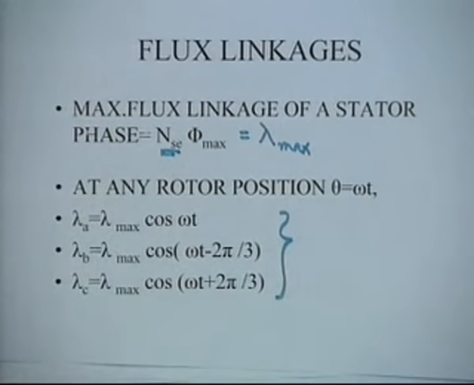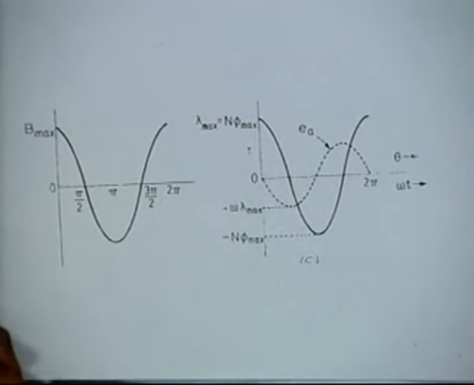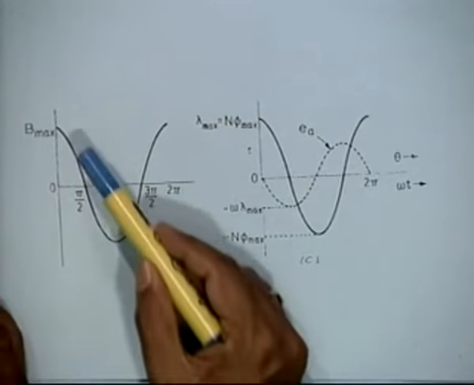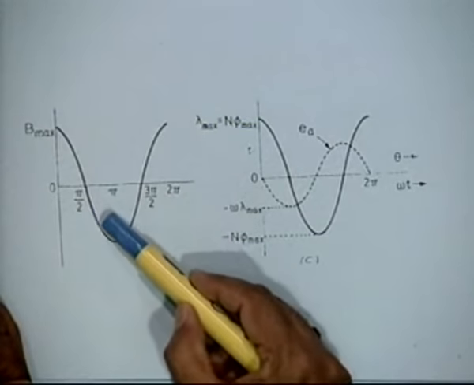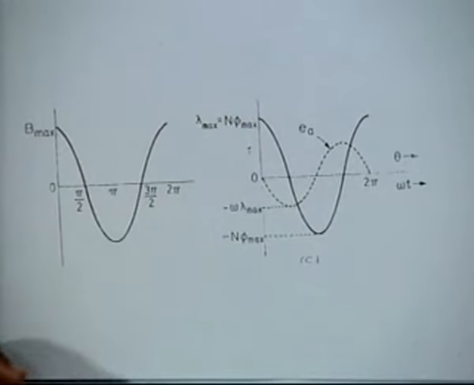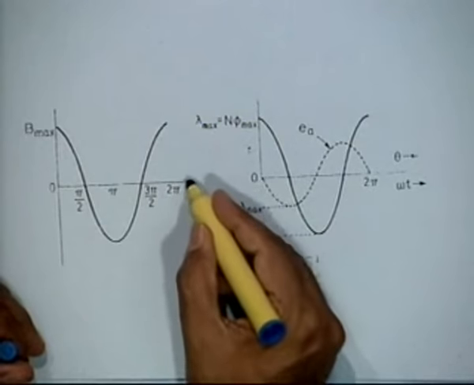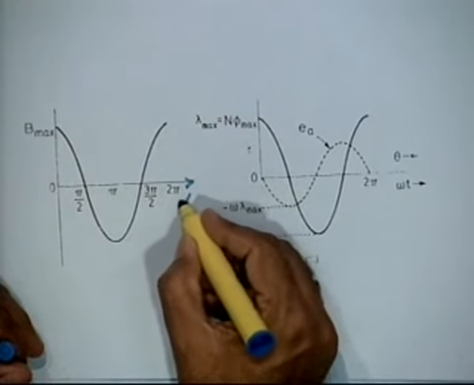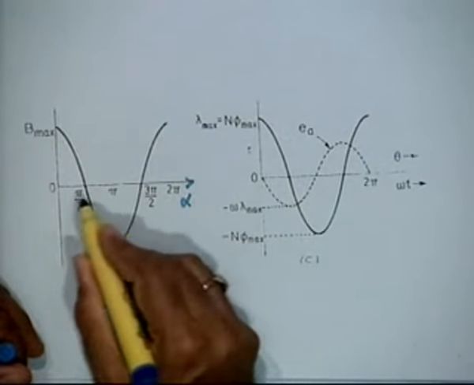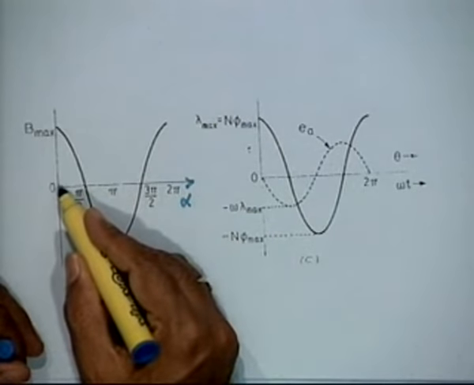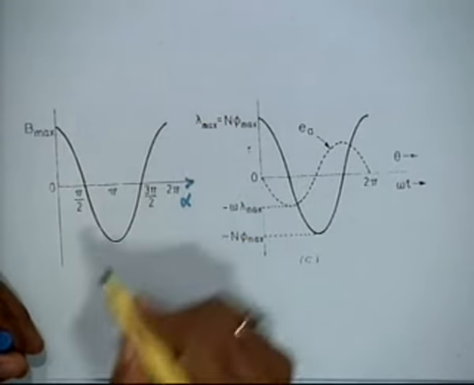Now, if you take this A phase, the waveform will be like this. We know that this is the B max with reference to alpha, as it varies. Alpha is 0, B max. This is a space variation.